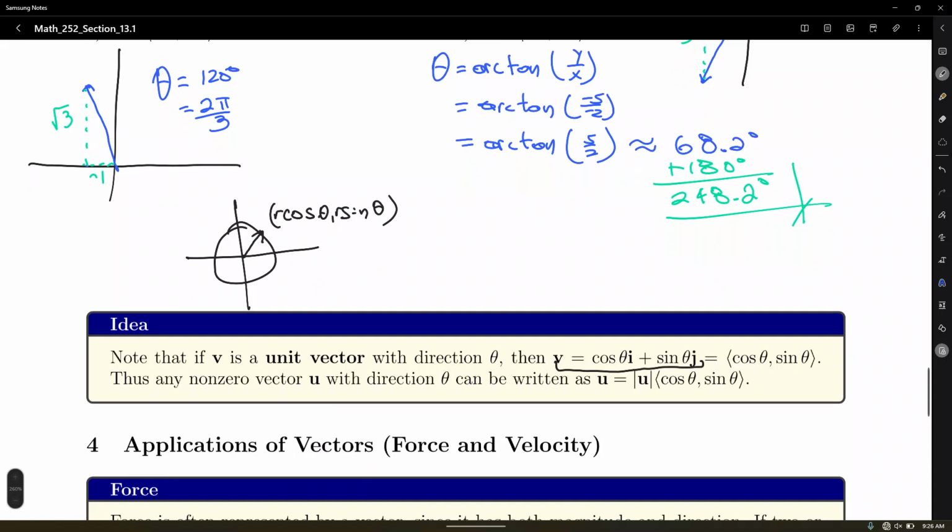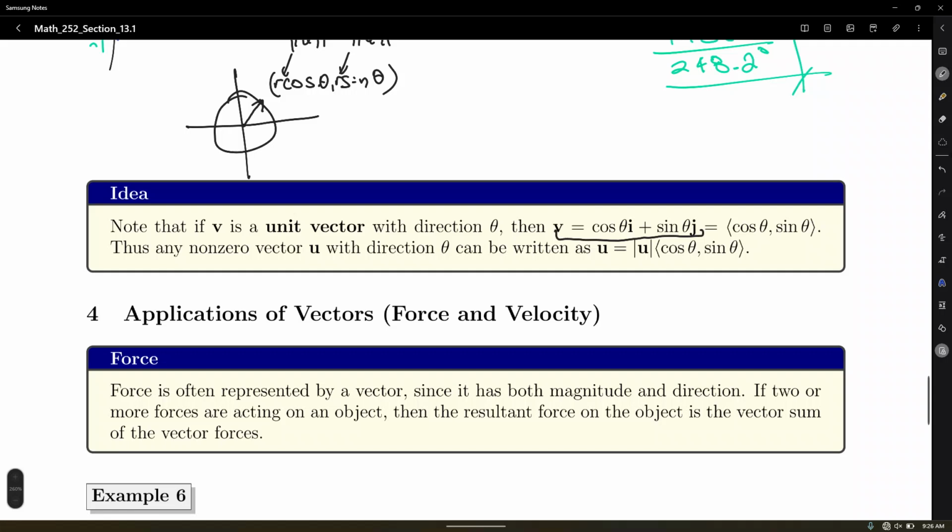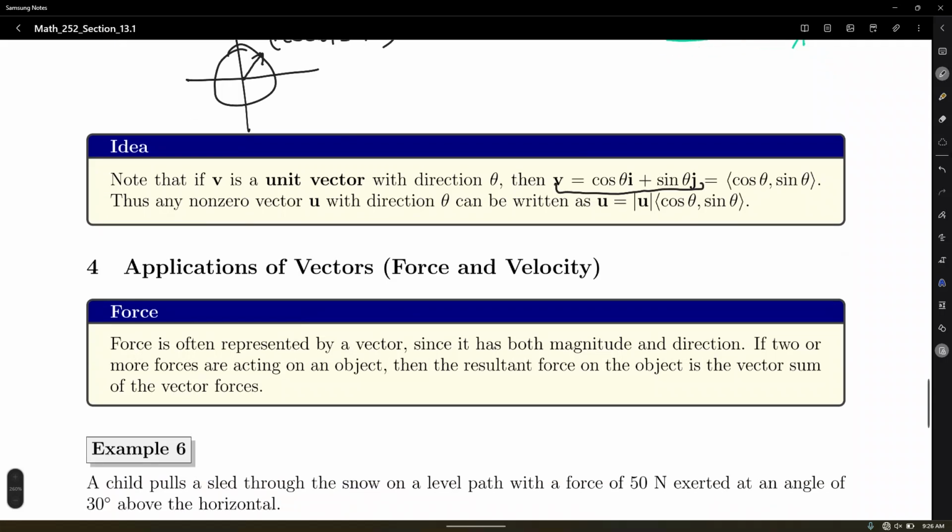However, if those vectors are not unit vectors, they have a magnitude of 3, 5, 59, 93. That's going to be our number. In this case, I'm not going to use the letter r, I'm going to replace it with the magnitude of the vector u. So that's how it's going to be represented, and we will need this for real life situations, that is, applications of vectors to forces and velocity.